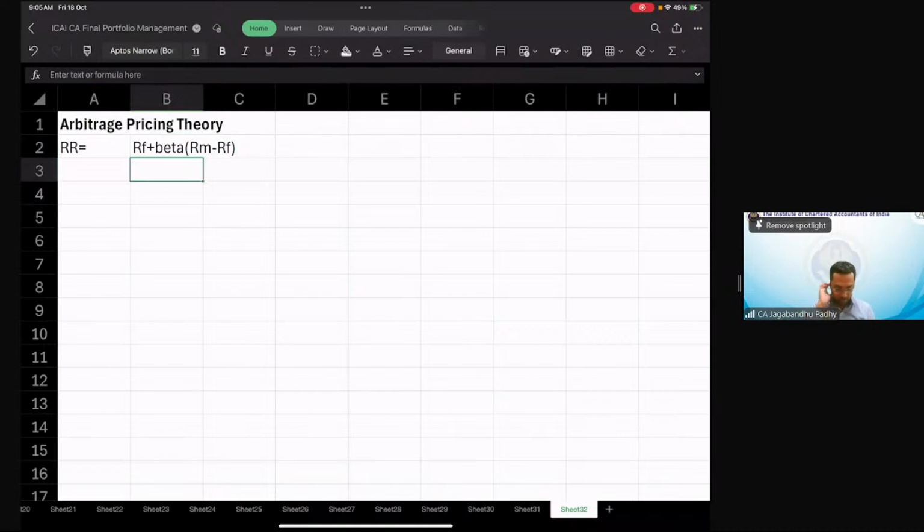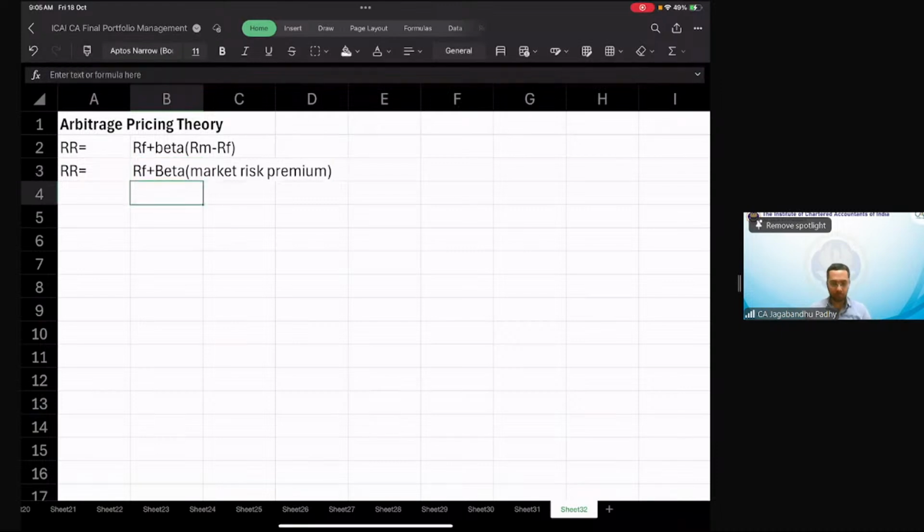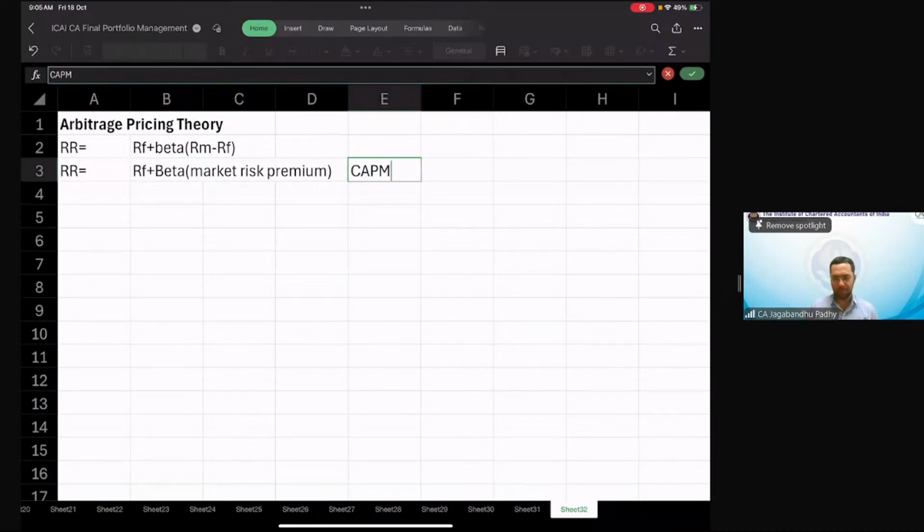So it says that the required return is simply risk-free plus beta multiplied by the market risk premium. Right, market risk premium. This was the statement of CAPM.